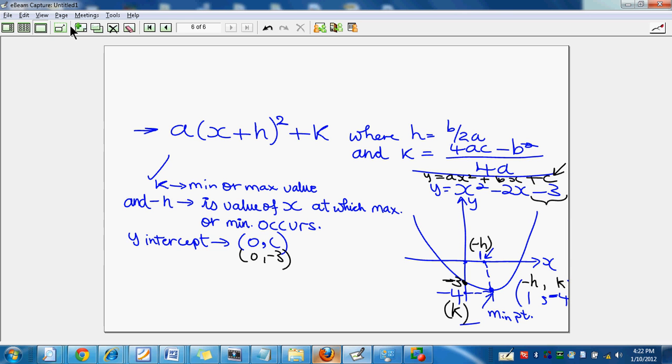Full stop. These values of x are called the roots of the equation.